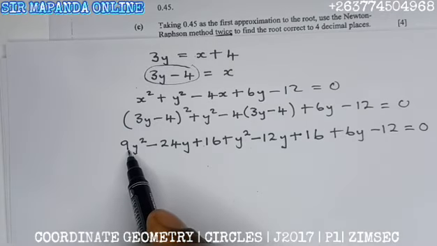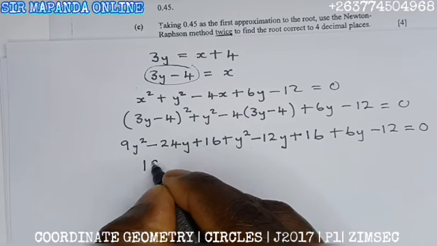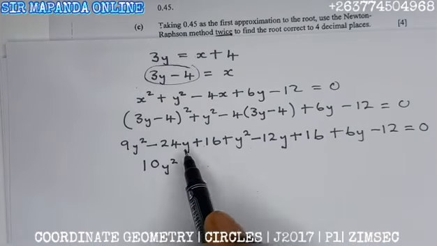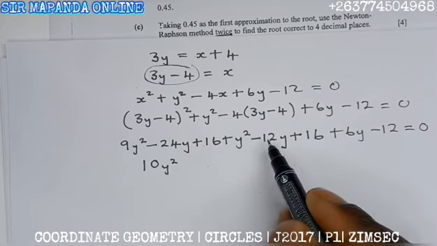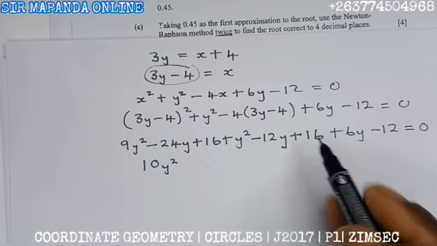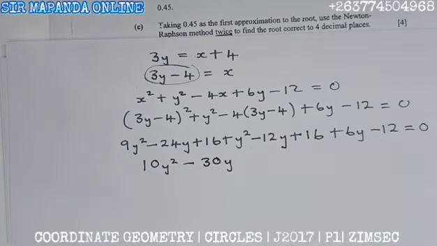So you can notice that 9y squared and y squared, they give you 10y squared since they are like terms, right? Then minus 24y minus 12y plus 6y, you get minus 30y. So you write minus 30y, something like this.